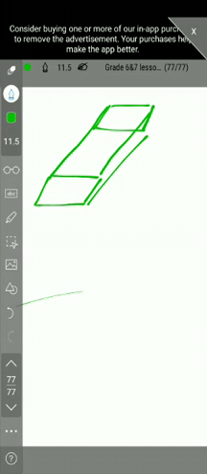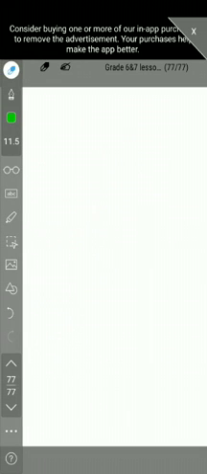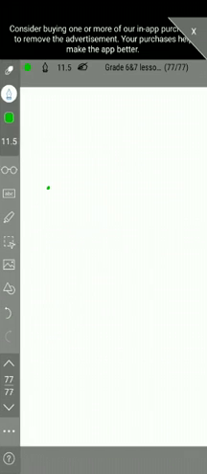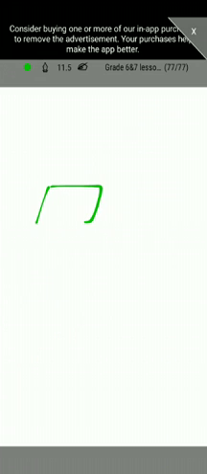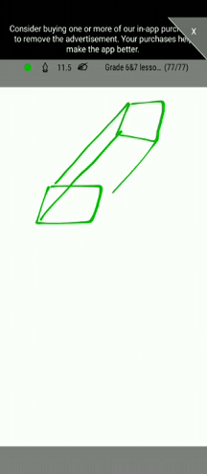I'm not drawing it neatly, let me draw it again. Okay, so this is a prism whose cross section, its base, is a parallelogram.